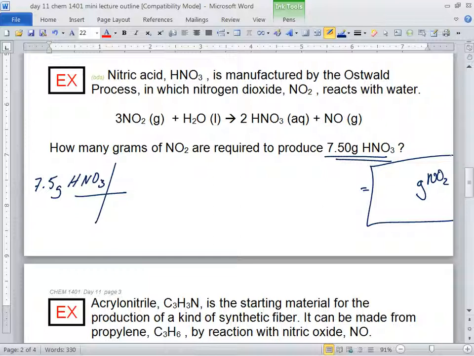Yeah, then you're going to have moles of NO2. And what's going to be up here? Because you want to end up in grams. So it's going to be that molar mass. Yep. Good, good, good. Looks good. See most everybody agreeing.